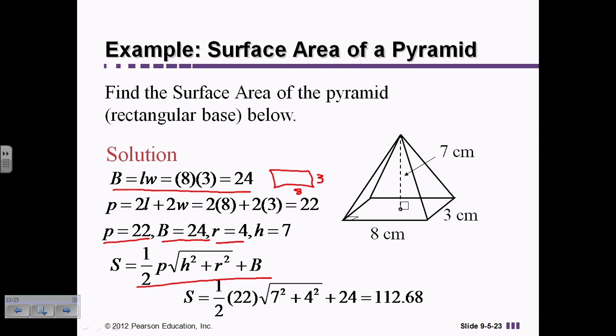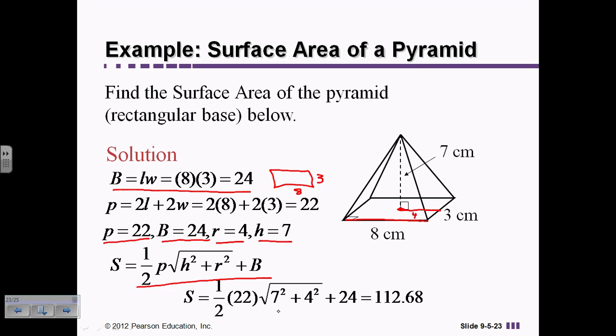Now how did I get that? I want to know how far it is from this point right here to the edge. So all the way across would be 8, so this piece right here is half of the 8. And then the H is 7. So I'm going to plug that in here, and I get the perimeter is 22, 7 squared plus 4 squared, plus big B, which is 24.